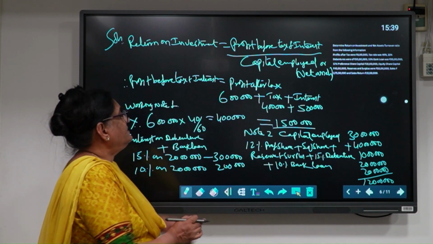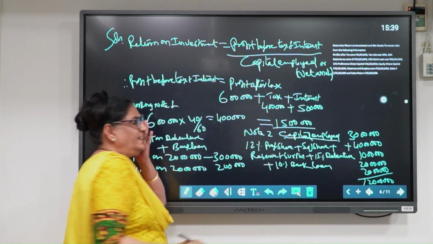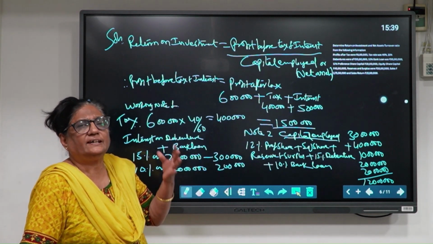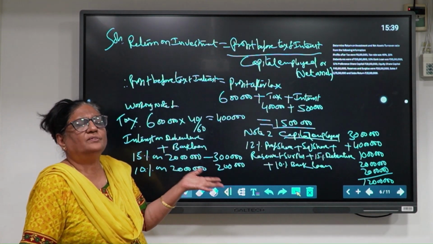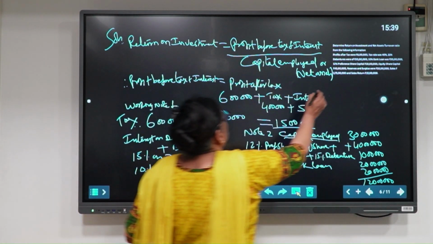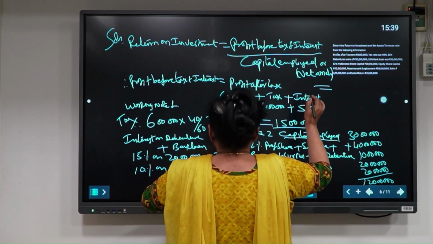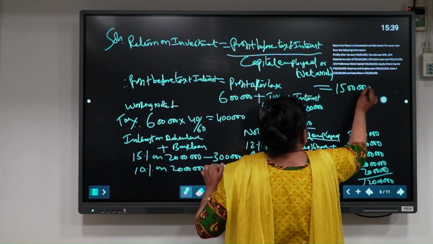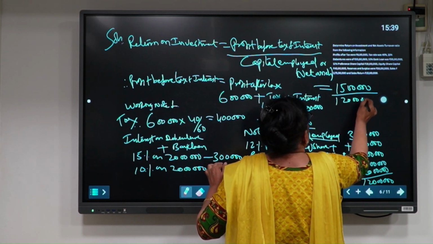Now this calculation of capital employed was found with the liability approach: preference shares, equity share, reserve and surplus. If profit and loss was there, we would have taken profit and loss, debenture and bank loan put together. Now can we substitute here? Profit before interest and tax is 15 lakhs, divided by capital employed, 1 crore 20 lakhs.